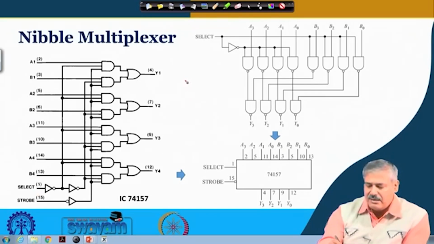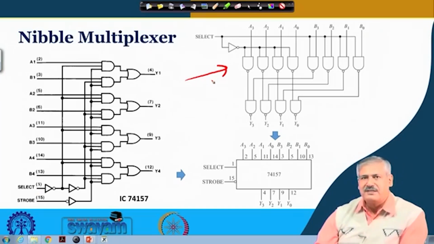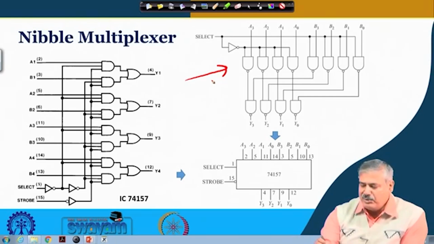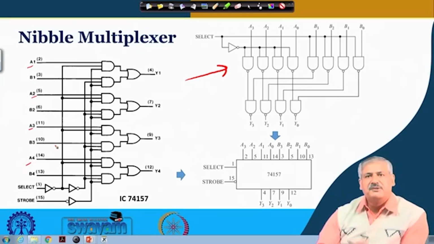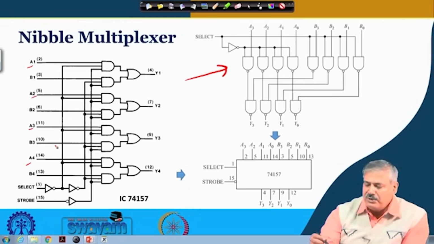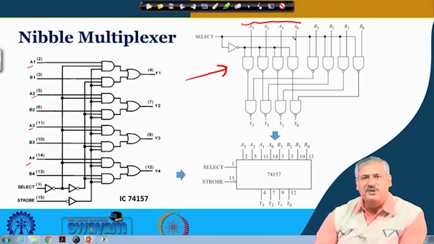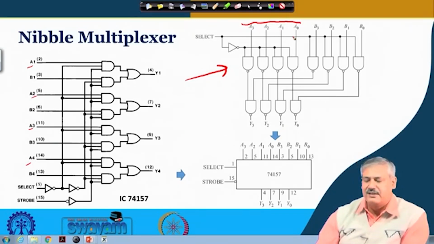If I write it in the form of a logic circuit for a better understanding, this is what you can see. This is A1, A2, A3, A4, as per the manufacturer's data sheet. What we are representing here as A3 to A0, for a certain reason which I shall tell later.